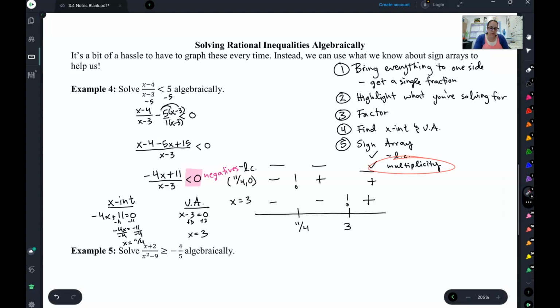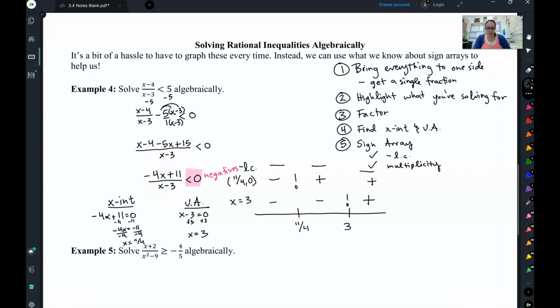The second thing we check for is multiplicity. Remember, if multiplicity happens, you repeat that line as many times as the multiplicity is. So, for example, if this x minus 3 was squared, I would repeat the x equals 3 line twice because it's squared. But I look in this problem, I don't have any multiplicity here, so I don't need to worry about that this time.